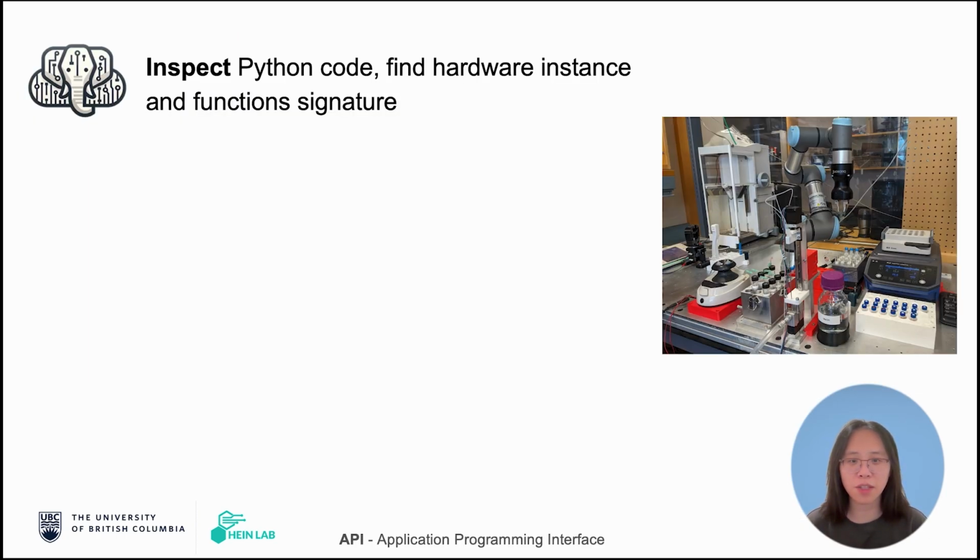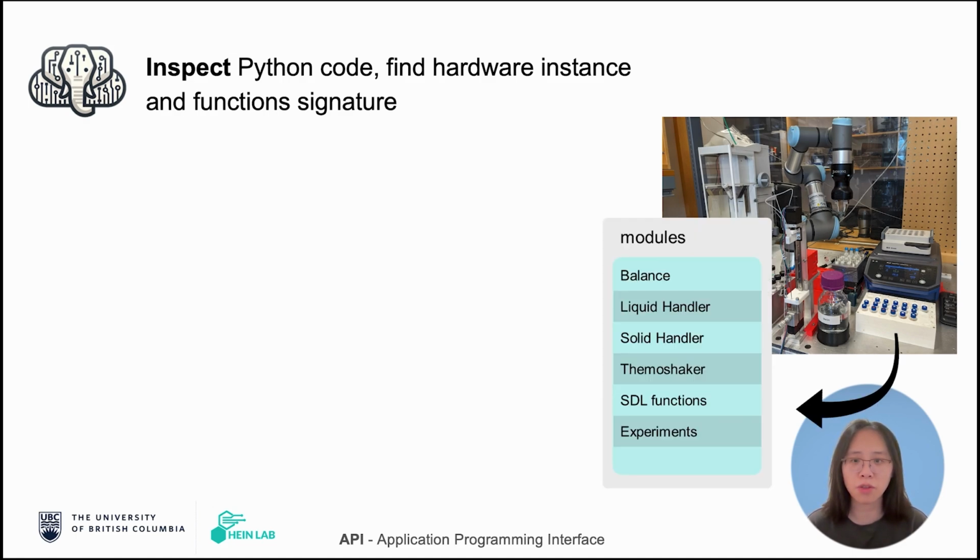To achieve this, we use the Python built-in inspect feature and we look into the current SDL Python script. So we're going to find all the instances that are related to hardware control. For example, on the current platform, it could be the automated balance, a liquid handler. This also could be the high-level user functions involving multiple devices and the robotic arms.